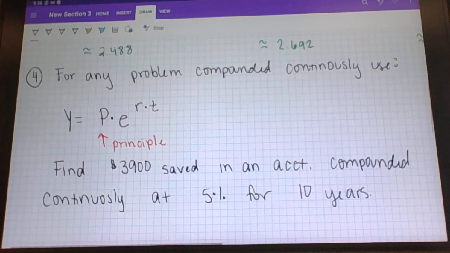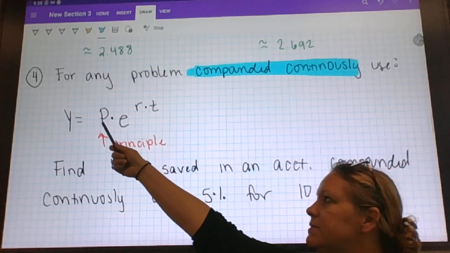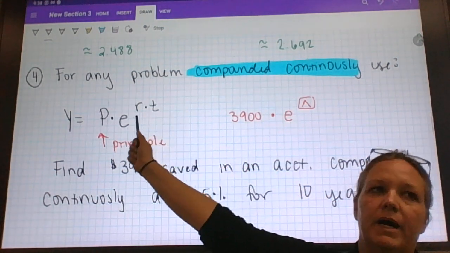All right, so to compound continuously, we have to use E. This uppercase P is just your principal amount. So in my calculator, I'm going to do 3,900, and I have to use the E button. And then it's an exponent, and not every calculator uses this exponent button, but I want to emphasize that these are up high.